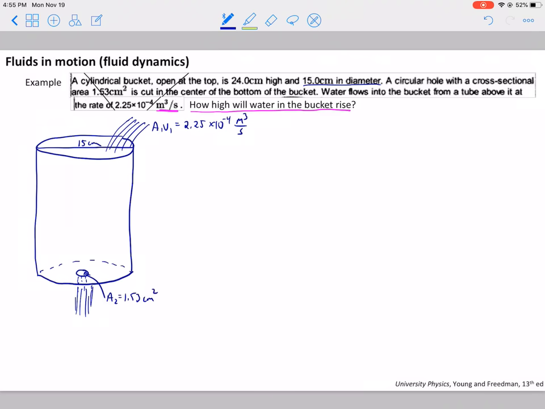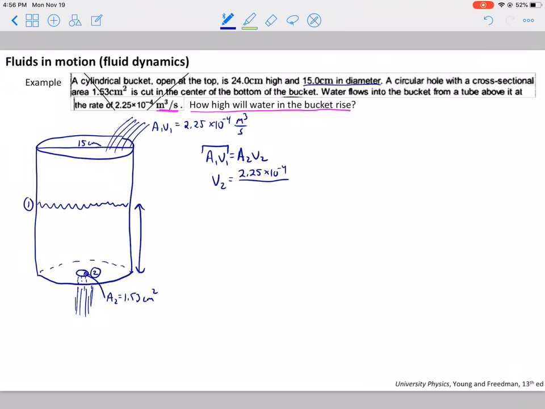First of all, let's see if we can find something about the velocity at the bottom. We can use, again, the continuity equation. And yeah, there's a random level in here somewhere that's going to stabilize. We don't know what that is, though. Point 1 here is at the top, point 2 is the hole at the bottom. So A1 V1 is equal to A2 V2, and we know that A1 V1 is this entire thing, so I can solve for V2, which is going to be 2.25 times 10 to the minus 4, divided by area 2.